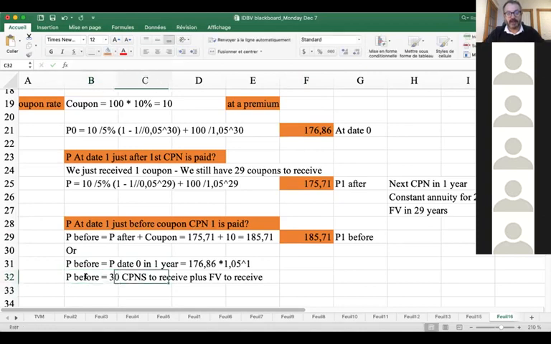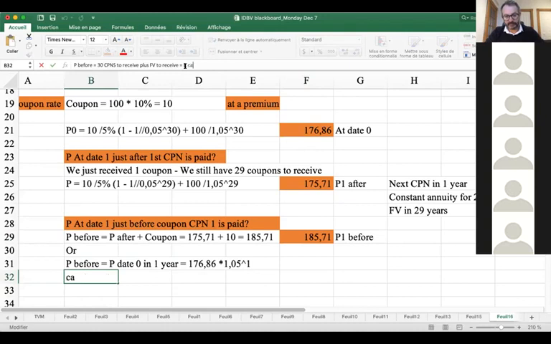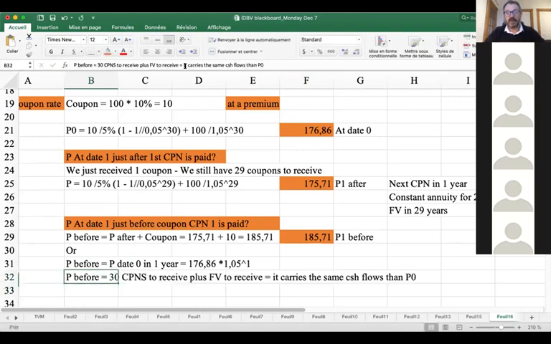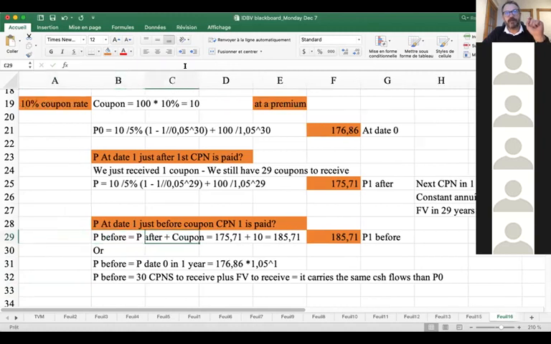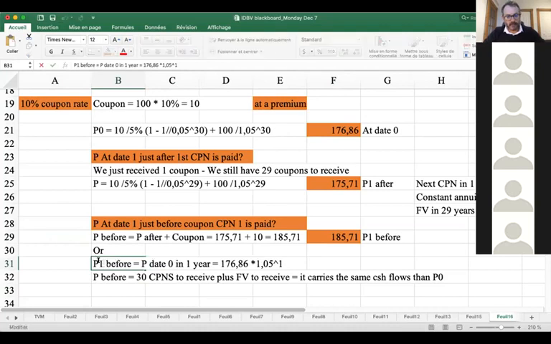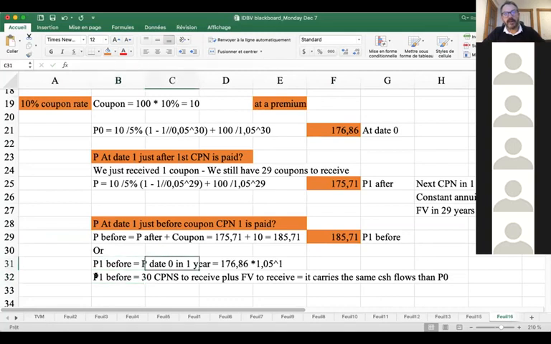So it carries the same cash flows as P0. This one, P1 before, is the same thing as P0, but just 1 year later.